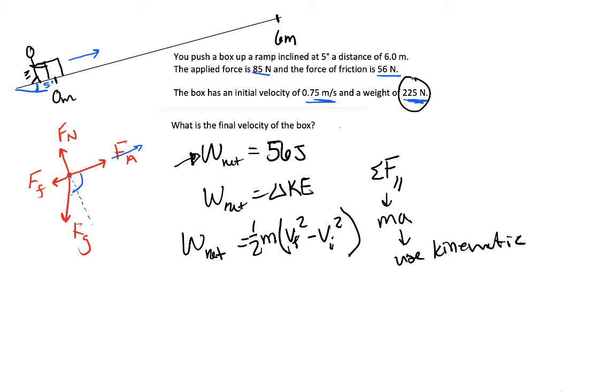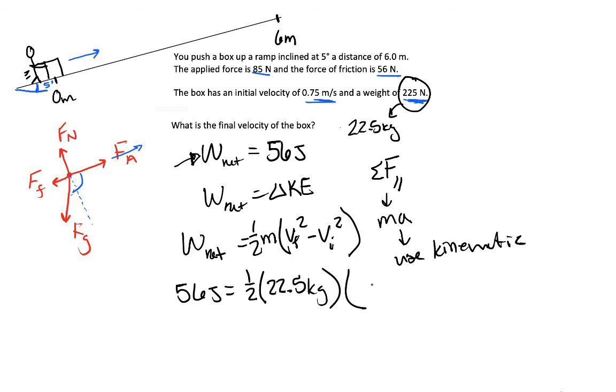The weight is 225 newtons, so the mass will be 22.5 kilograms. In this problem, it says that the initial velocity is 0.75 meters per second. So we get 56 joules is equal to 1/2 times 22.5 kilograms times the final velocity, this is what we're looking for, squared, minus the initial velocity of 0.75 meters per second squared.